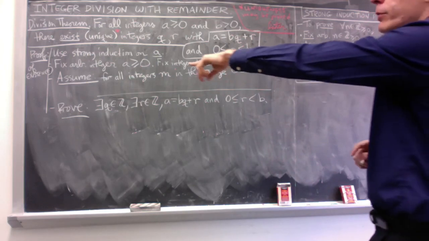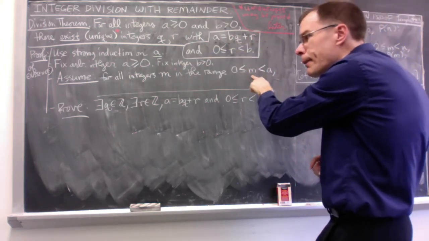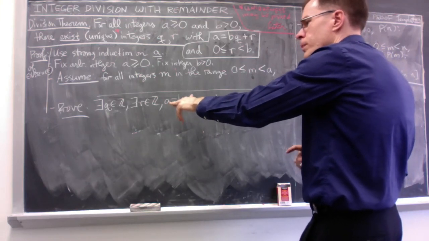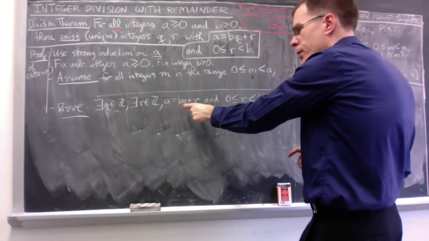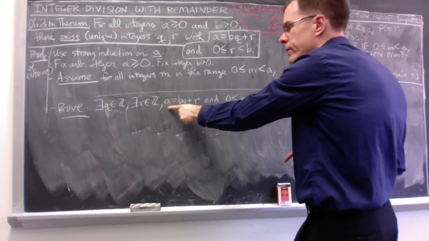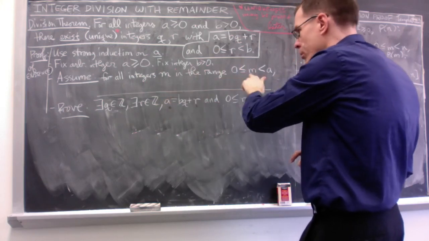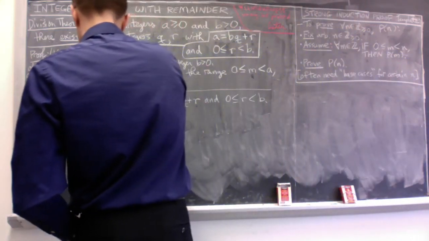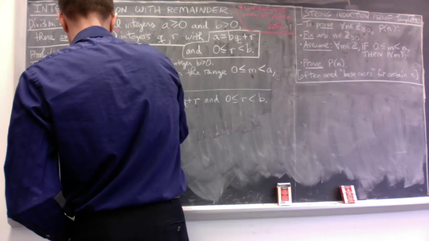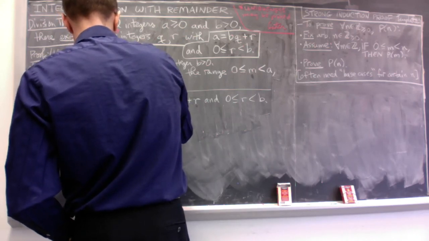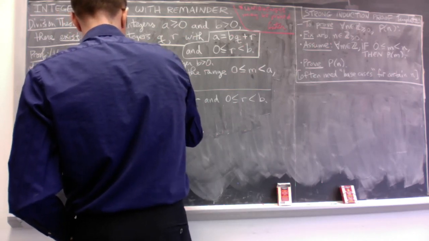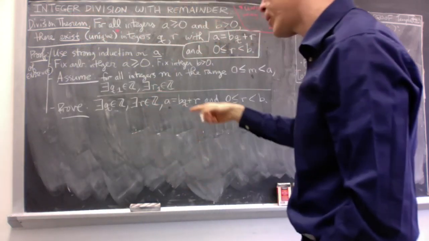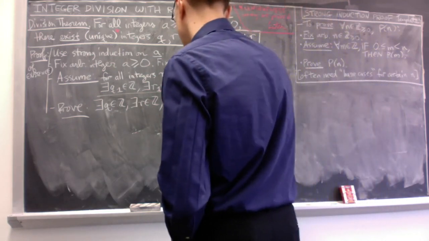All right, so that's just this with quantifiers in there. So we're assuming, going back to the assumption, that's the same thing we were assuming about M. But you have to be careful because the Q and the R we're about to come up with, the quotient and the remainder for A, are very likely not the ones that are going to work for M. So I'll write this statement down again as our assumption, but I'm going to carefully use new letters. Let's use Q1 and R1. There's still quotient and remainder, so I still want to keep the Q and the R, but the subscript is going to make it different.